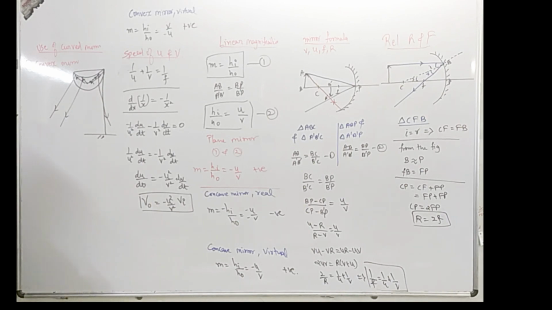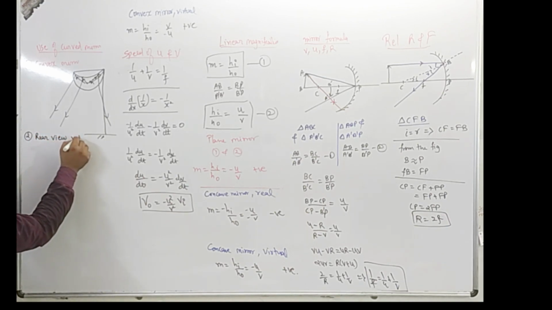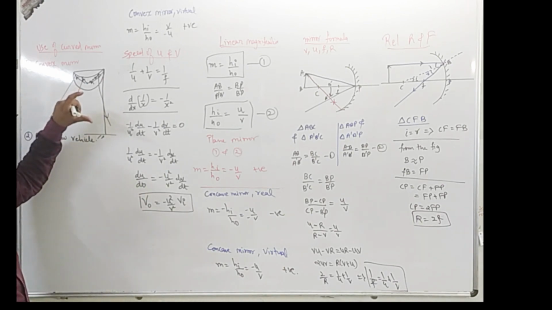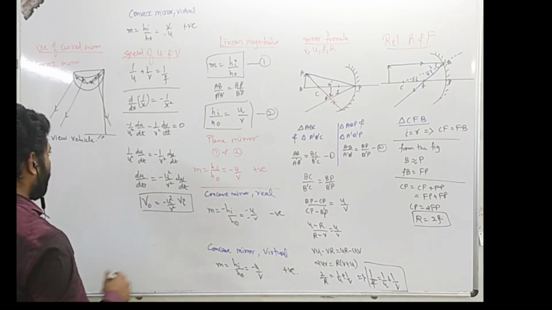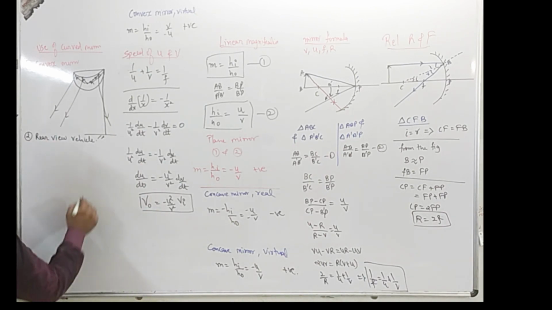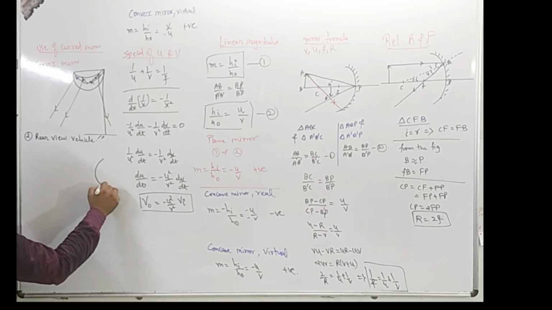Convex mirrors are also used in rear view mirrors of vehicles. When you are driving a vehicle, if you want to see the back side, we have a rear view mirror on the dashboard, as well as rear view mirrors on the doors. So how exactly do they work? Let's say this is your rear view mirror.